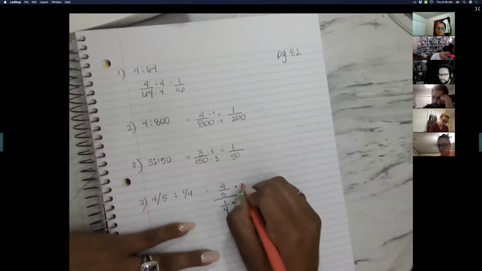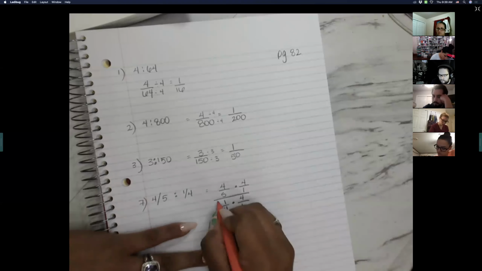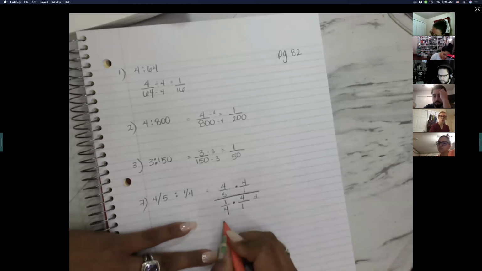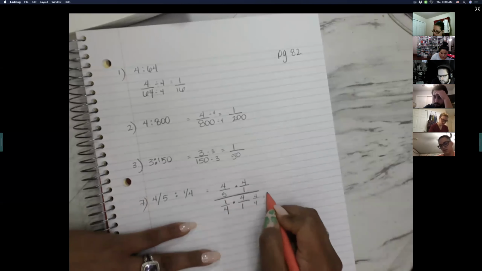So again, I'm going to multiply the numerator now by 4/1. Okay, so here, all I have, if I were to multiply this out, is 1 times 4, which is going to give me a 4, over 4 times 1, which is going to give me a 4. When I take 4 divided by 4, that's just a 1, right?